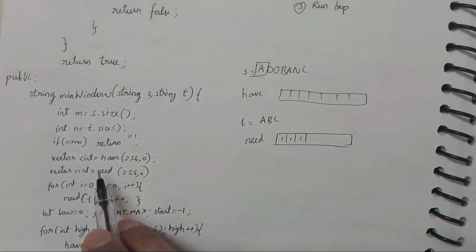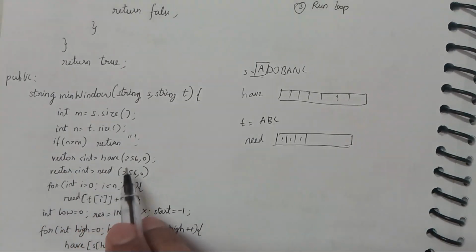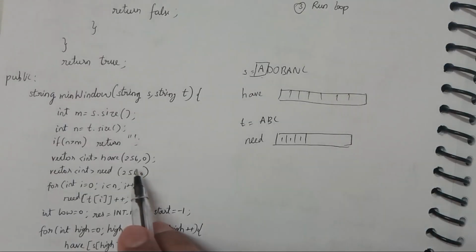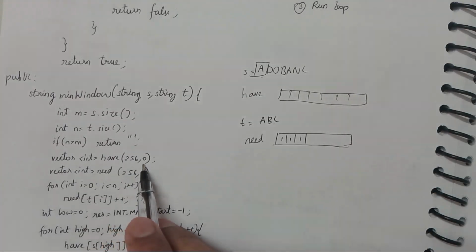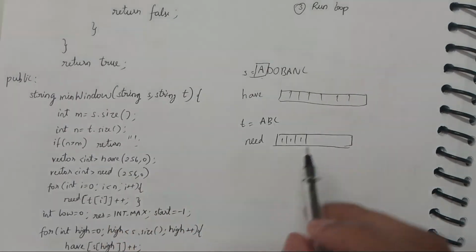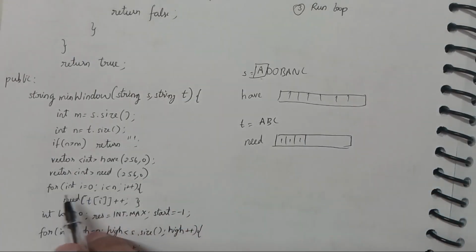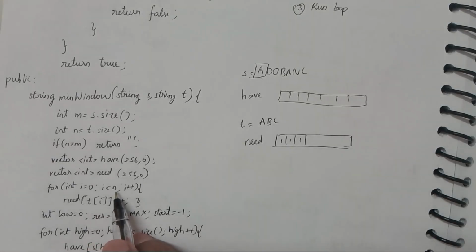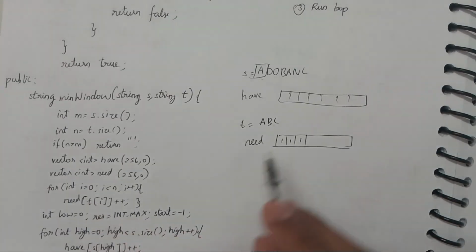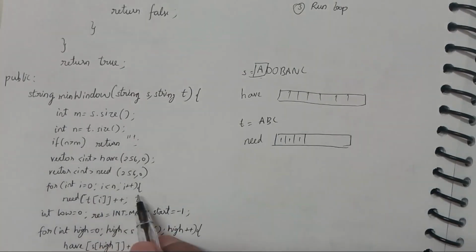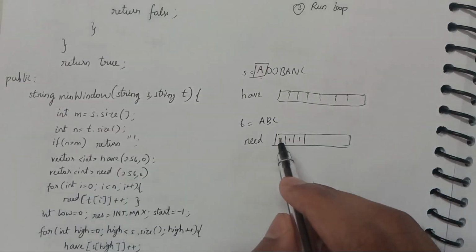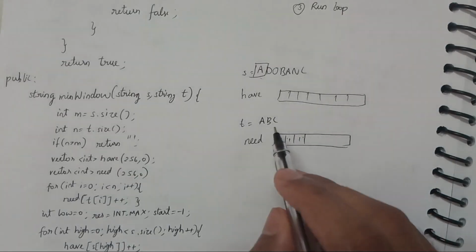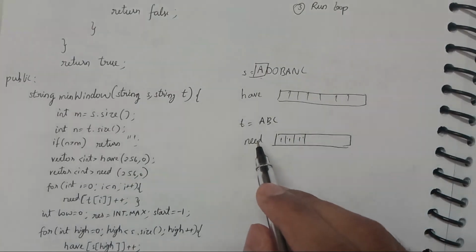So here, a vector int have and a vector int need, both of size 256 and initialized with zeros. Now we run a for loop for the need, and we store the smaller string in the array. So for ABC, A will be 1, B will be 1, C will be 1. So the count is being stored here.